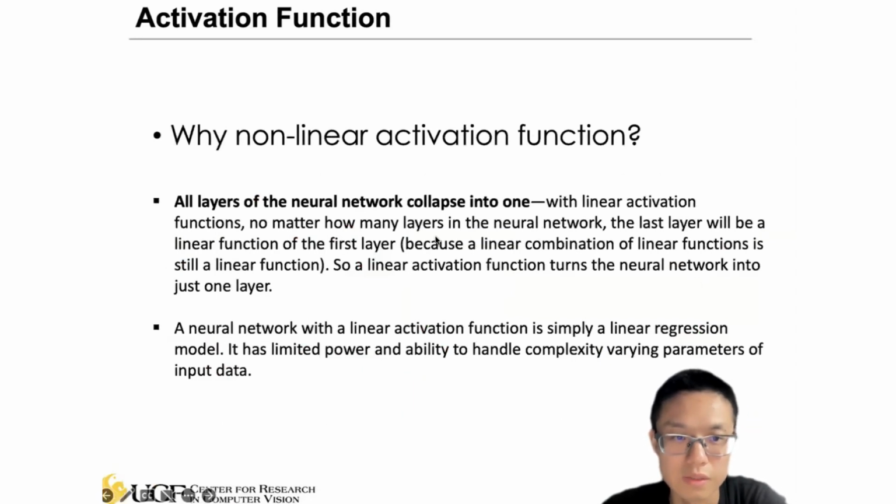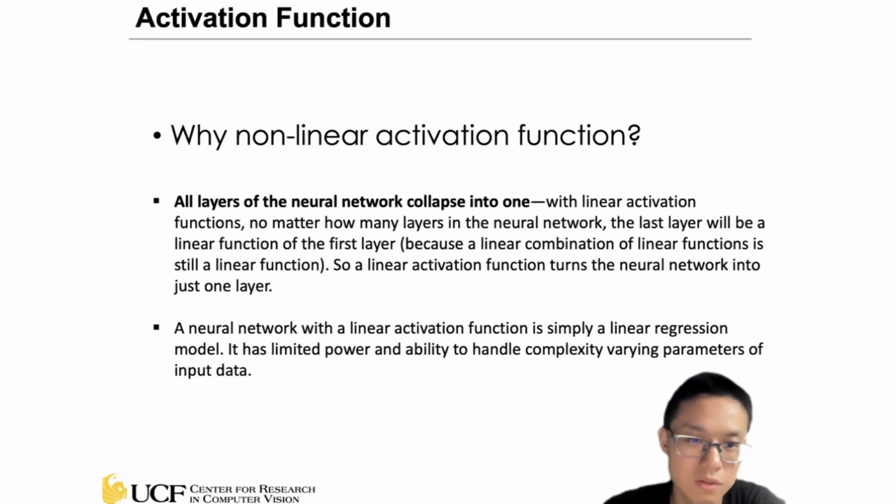In the neural network, if we only use linear activation functions for all these layers, no matter how many layers we stack, you can stack hundreds or thousands of layers, essentially you can collapse them into just one single layer with a linear function.